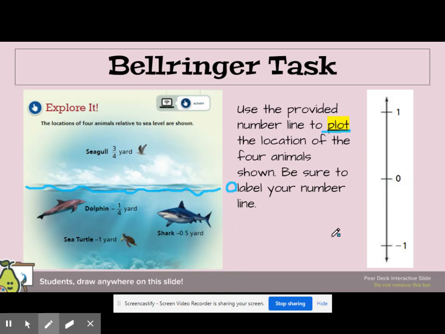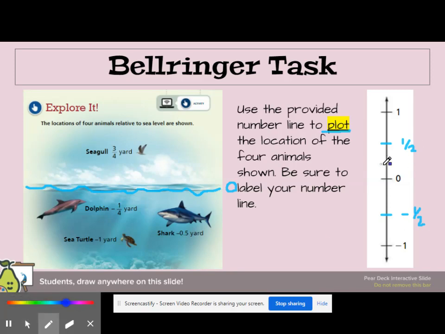Now I'm going to go ahead and do this, and I need to divide my number line up. So I'm going to make this right here be a half. That is a half because it's halfway between 0 and 1. If that is a half, that means this right here is a negative 1/2. Okay, that's negative 1/2.